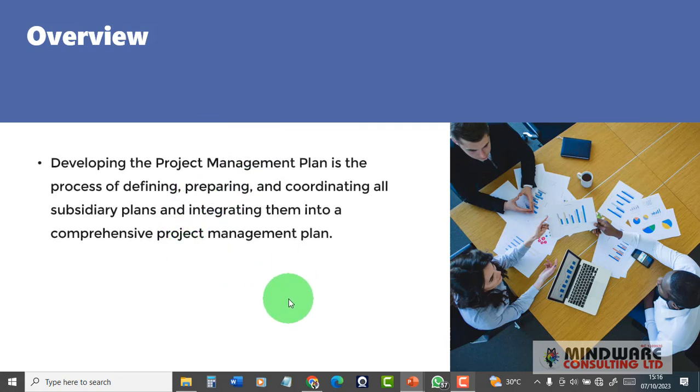Developing the project management plan is the process of defining, preparing and coordinating all subsidiary plans and integrating them into a comprehensive project management plan. So in your project, of course, you're going to have a lot of planning to do, right?